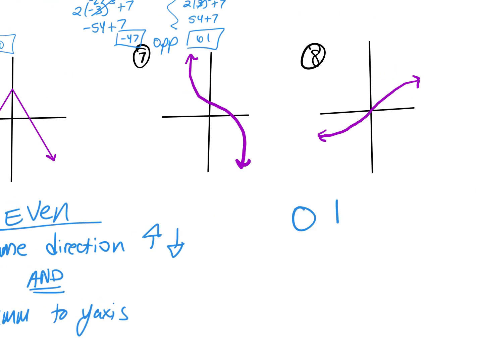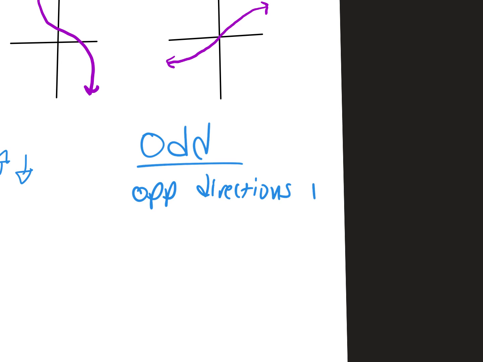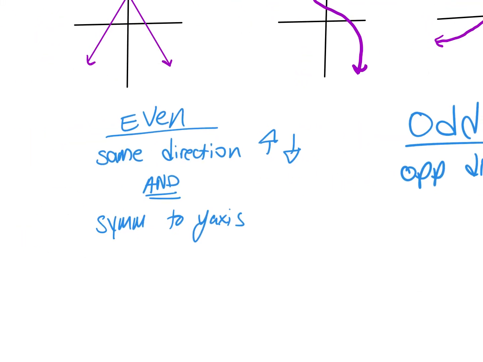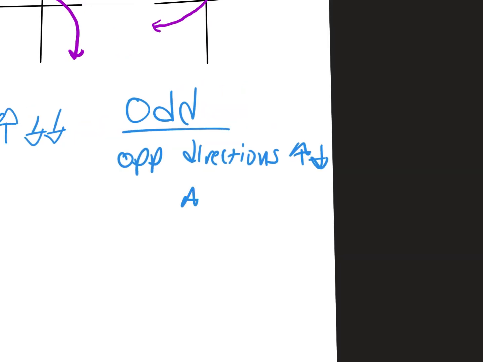It's odd if the arrows are in opposite directions, meaning up or down. And this has to pass through what? Has to go through the origin.